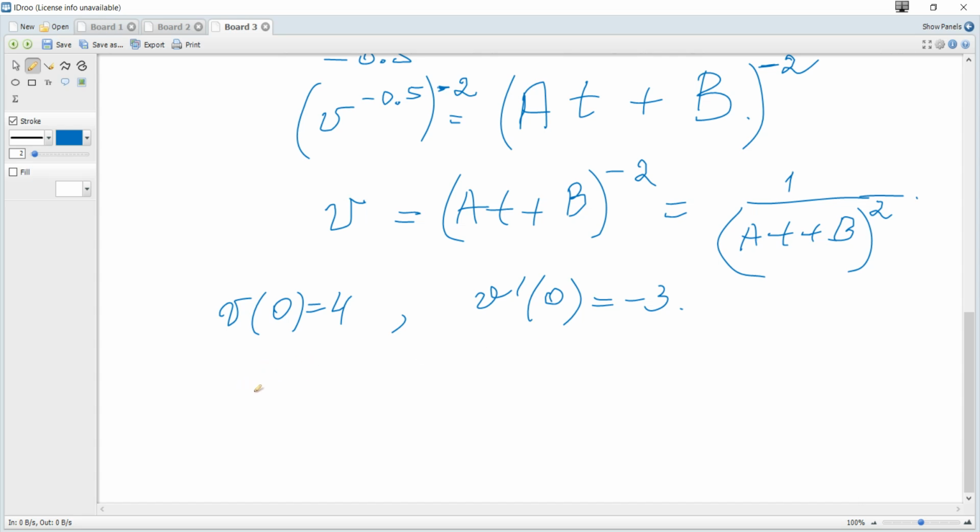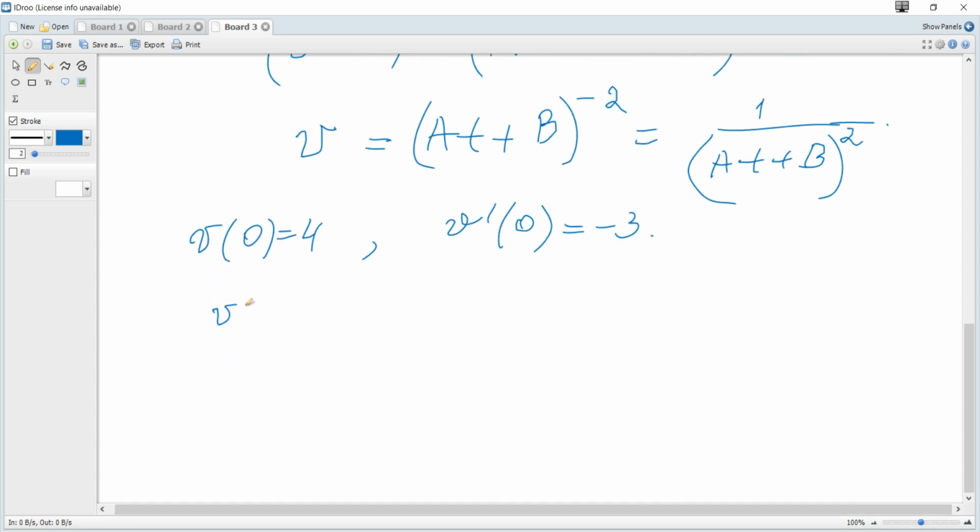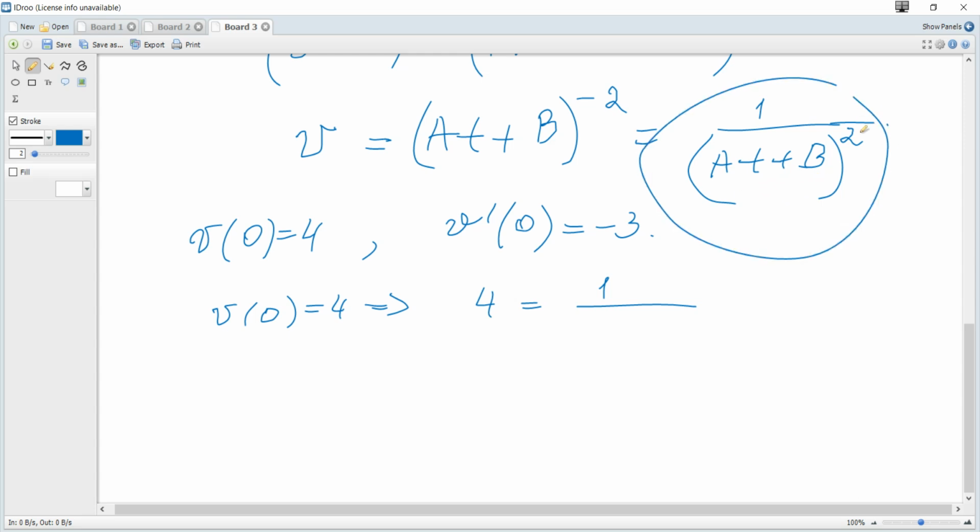Substituting this, we get that 4 is equal to 1 over 0 plus b, which is b squared.